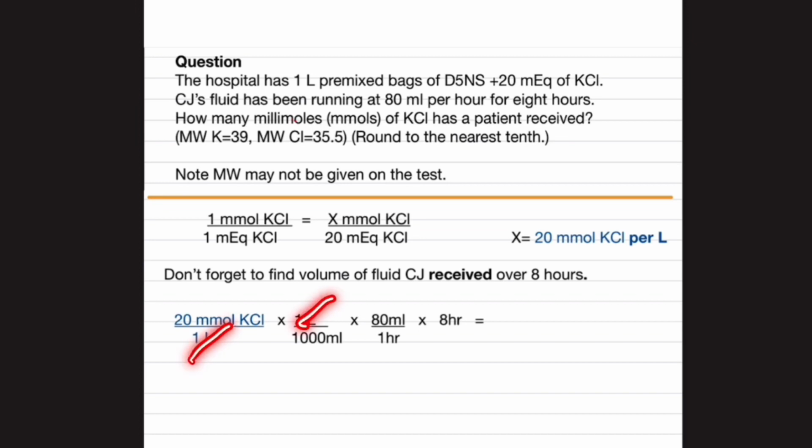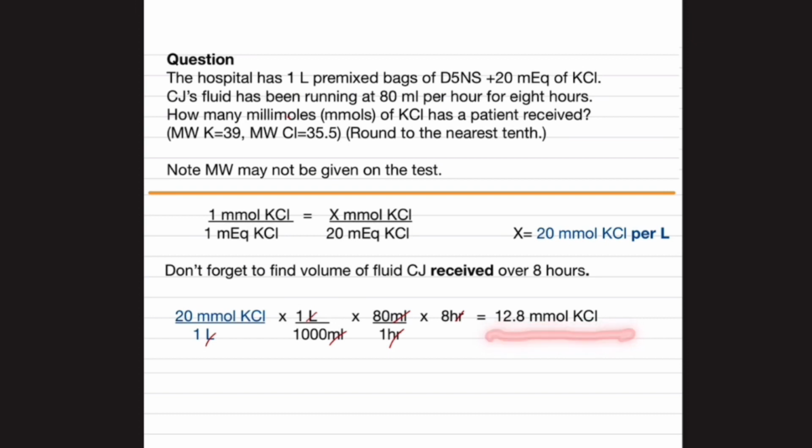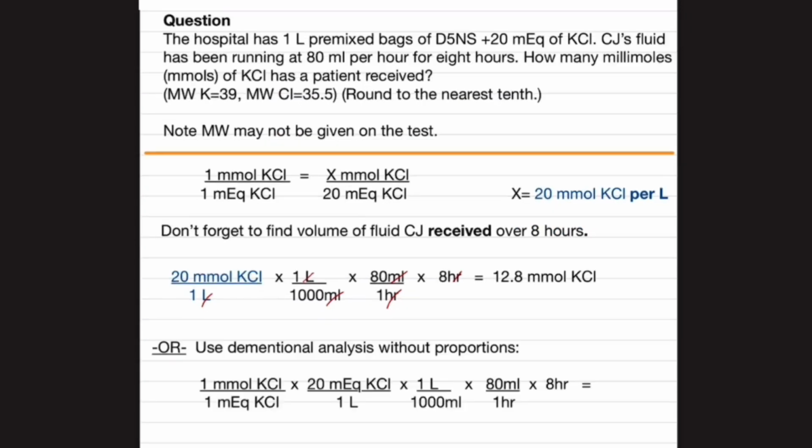I can cross out my liters. We know that 1 liter is equal to 1,000 mLs, and 80 mLs per hour is what we get from the question, times 8 hours from the question. We can cross out all our units and we'll be left with millimoles. There we have our millimoles. This should be the correct answer, 12.8 millimoles potassium chloride.